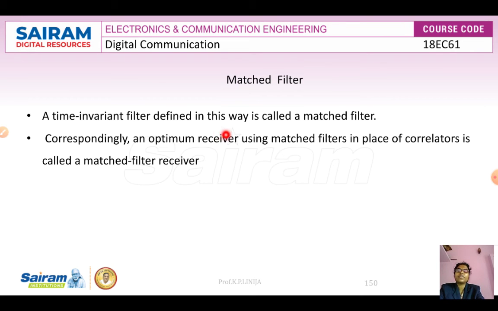An optimum receiver using a matched filter in place of a correlator is called a matched filter receiver.